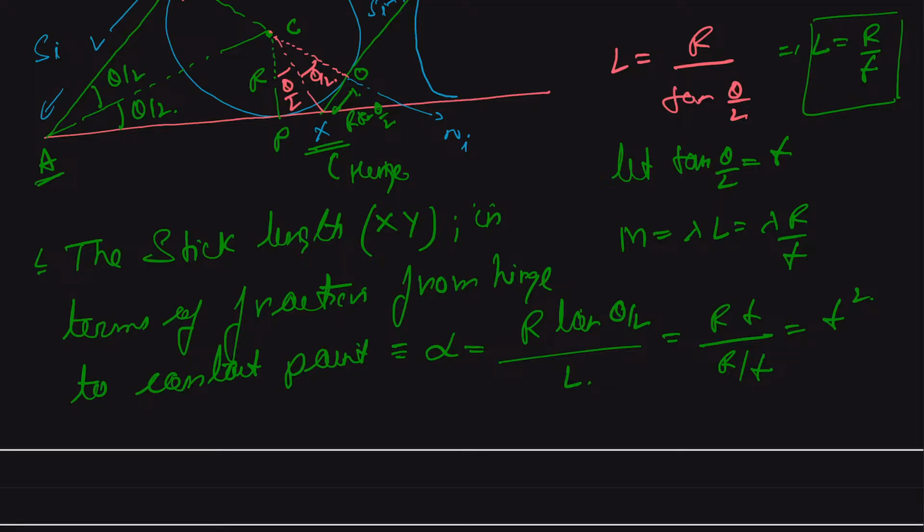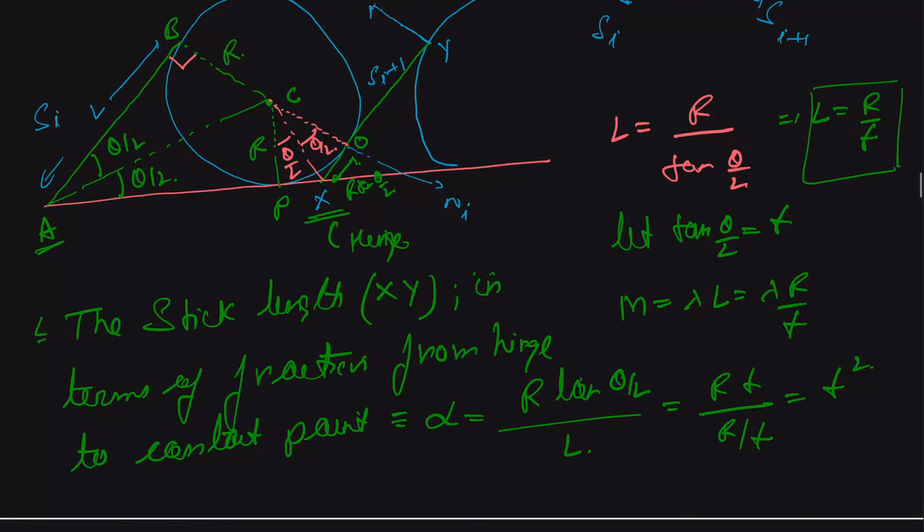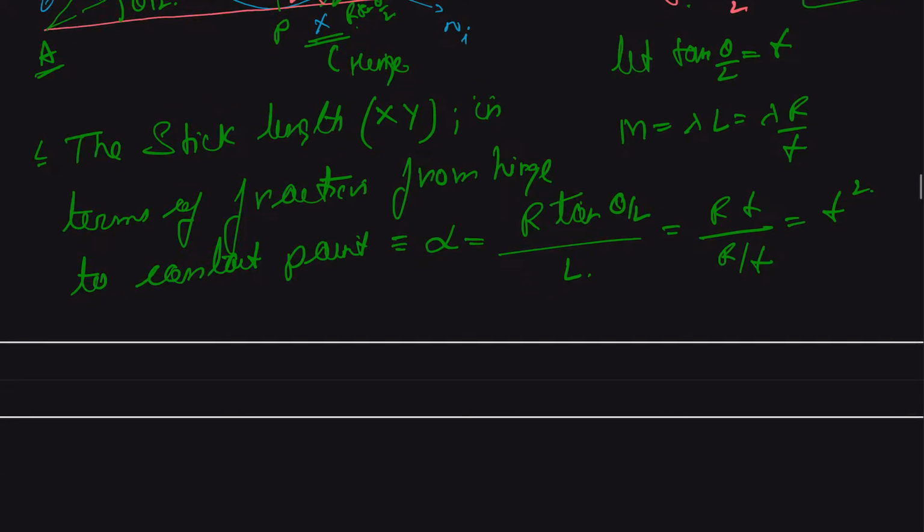So we found the fraction, alpha, which is equal to t square.